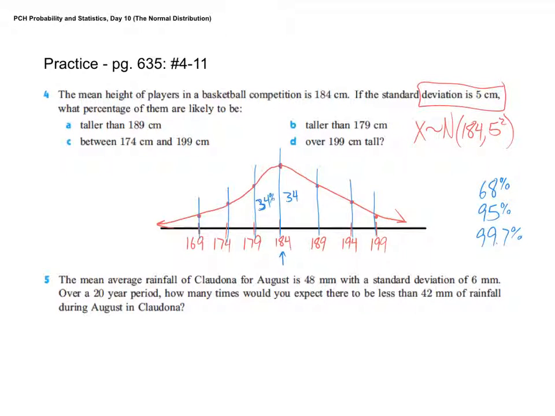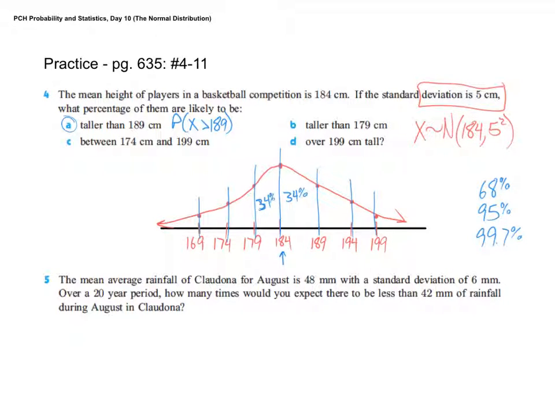34%, 34%. So then part A, what's the probability that a random person we select is greater than 189 centimeters? How would we figure that out? That would be 16%. It would be 16%, okay? Check this out, guys. We're looking for this area under the curve.